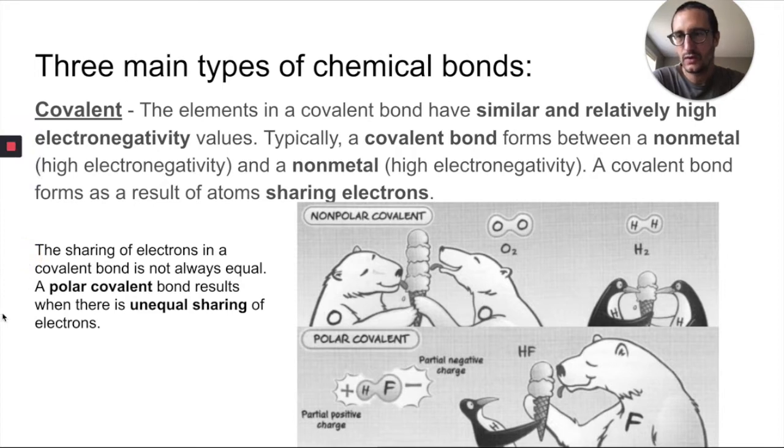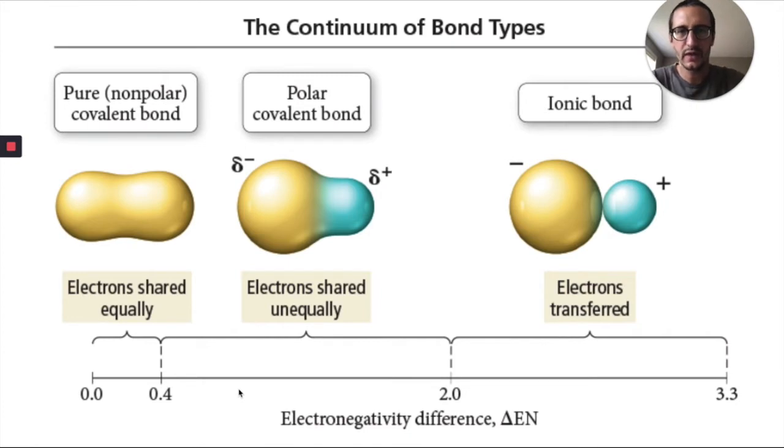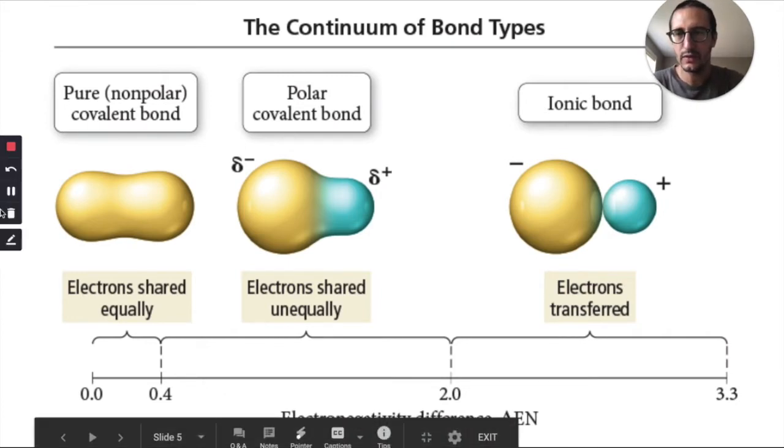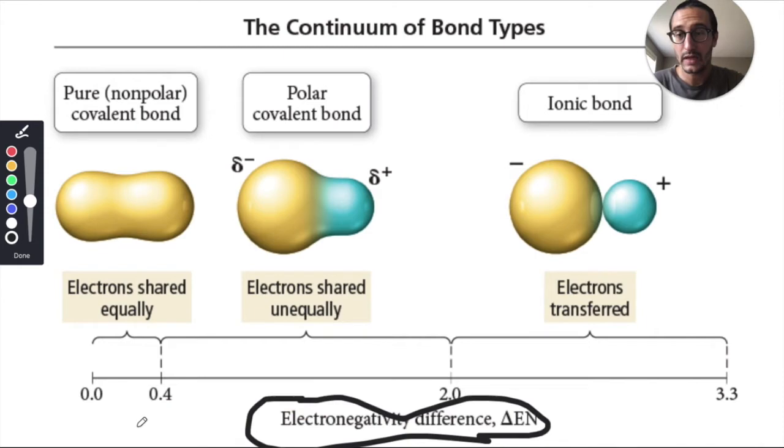It is worth noting that the whole thing with bond types can really be thought of as a spectrum, and it all boils down to this difference in electronegativity values. If we look at the electronegativity value difference, then we can see what type of bond it is.